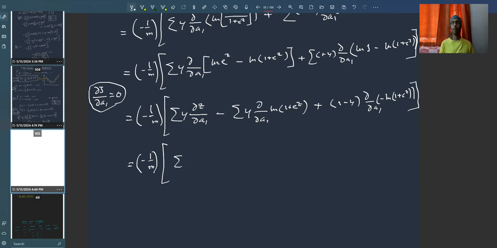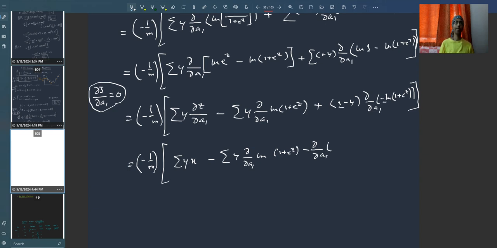Sum of y into x minus, this one we do nothing about, sum of y del a1 ln 1 plus e to the power z, plus minus del a1 of, because this is 1 plus 1 and this is minus 1, right?